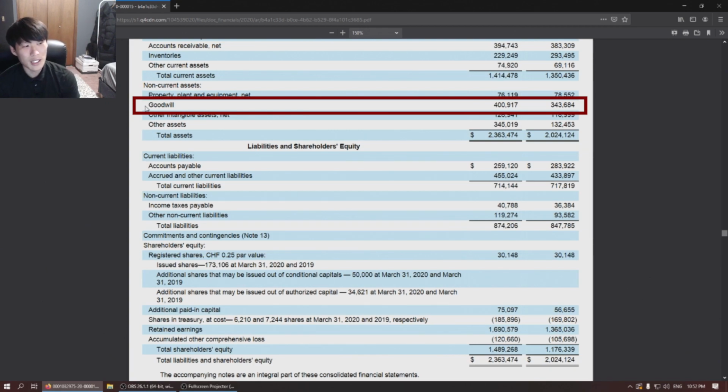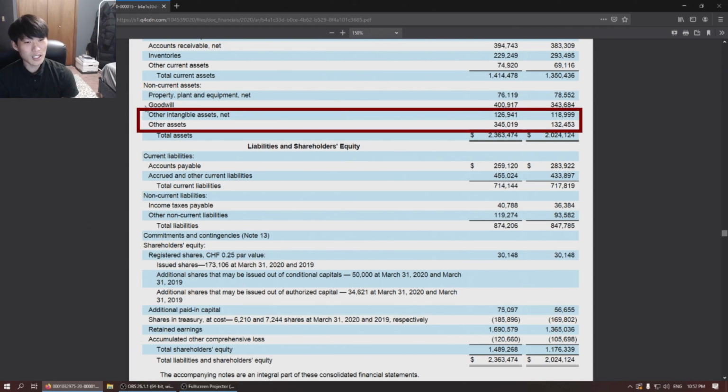Okay, and other intangible assets. I'm drawing a blank on the name, but these are like patents. Other intangible assets are like a special design on their mouses or a special design in their keyboards.